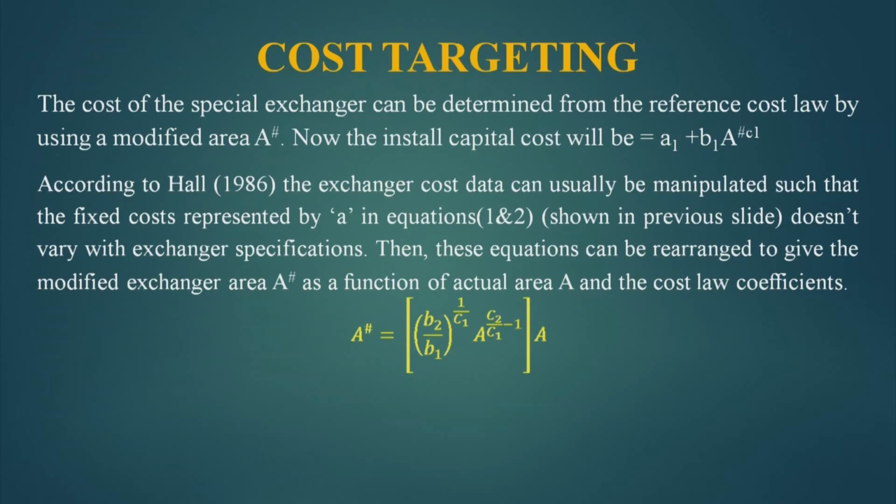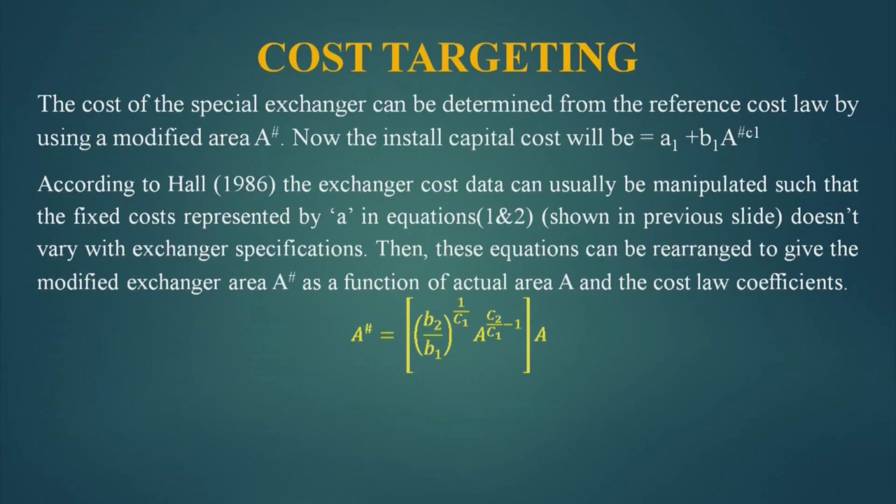According to Hall in 1986, the heat exchanger cost data can usually be manipulated such that the fixed cost, represented by A in equations 1 and 2, does not vary with exchanger specifications.